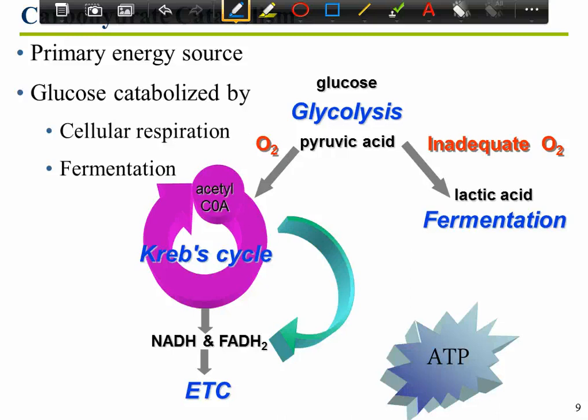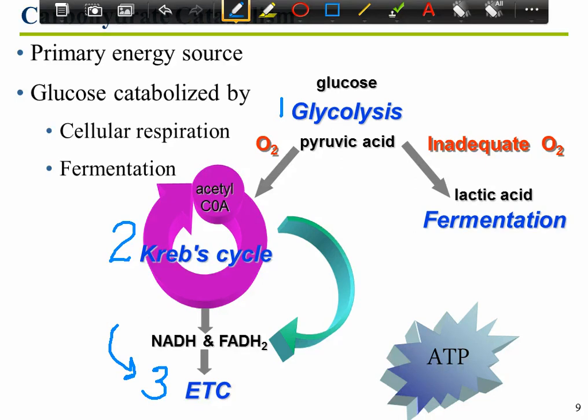On the left, the 3 parts. 1, glycolysis. 2, Krebs cycle, also called the citric acid cycle or the TCA cycle. And 3, down here, is the electron transport chain. 1, 2, and 3 constitute cell respiration.